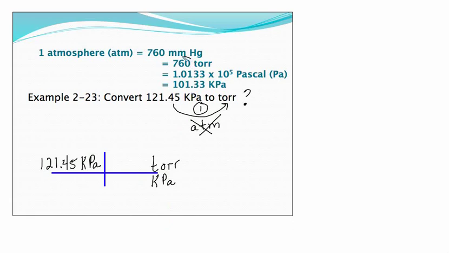Now, since these are all equivalent to one another, look at this line of equivalency, I can put a 760 torr, and then in front of the kilopascal, I'm going to put that 101.33 kilopascals. Double check I set it up for my units to cancel.